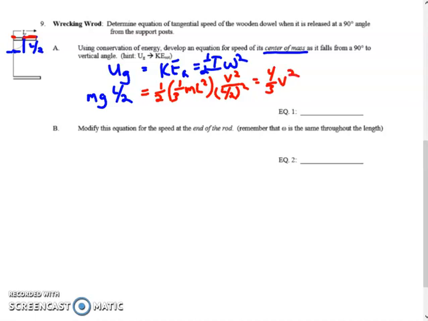We'll see that the L squareds cancel out. The m's cancel out right here. And so what I'm left with on the left side is nothing more than gL. I must have moved the 2 over to here to make the 4/3. So let me reiterate. We have gL from the left equals 4/3 v squared. So our speed of the center of mass, if we do it properly, is the square root of 3/4 g times L.